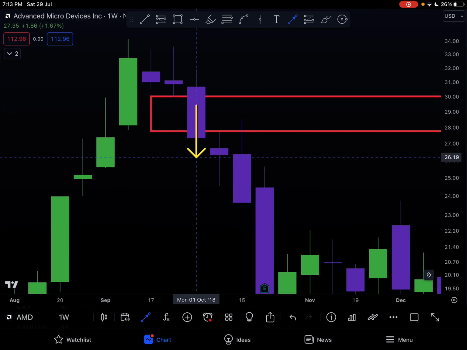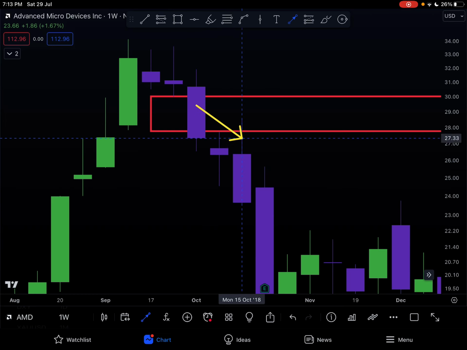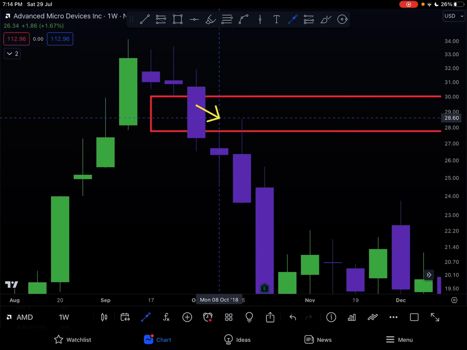Price is going to trade down, come back, and look at this right here. What you're anticipating is price to straight fail. It's going to stop going that direction in this imbalance and straight run for liquidity after that.